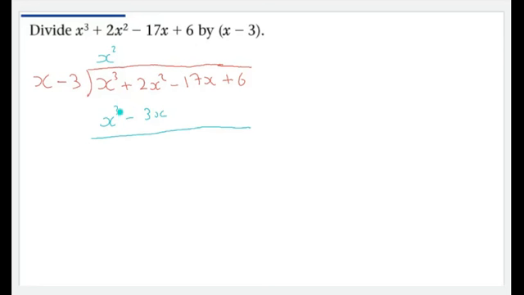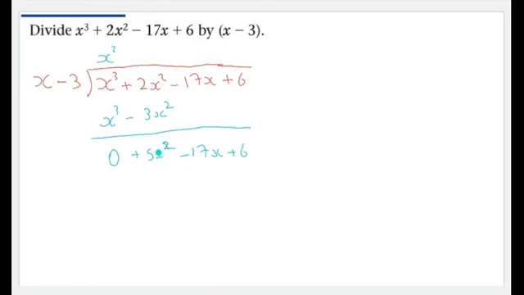So we do x cubed take away x cubed, which is nothing. 2x squared, 2x squared take away, sorry, this should have been an x squared. 2x squared minus 3x squared is plus 5x squared, because you're taking away the negative 3. And then you've got the minus 17x take away nothing is minus 17x. And you've got the plus 6 take away nothing is still plus 6.